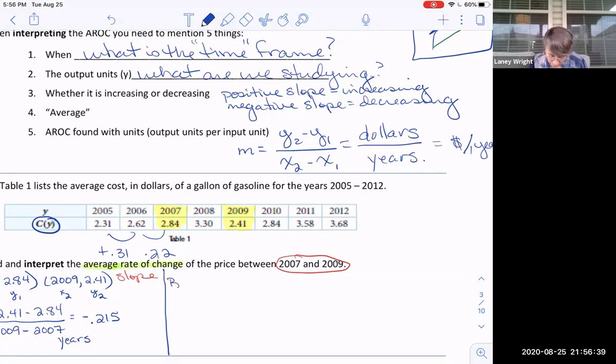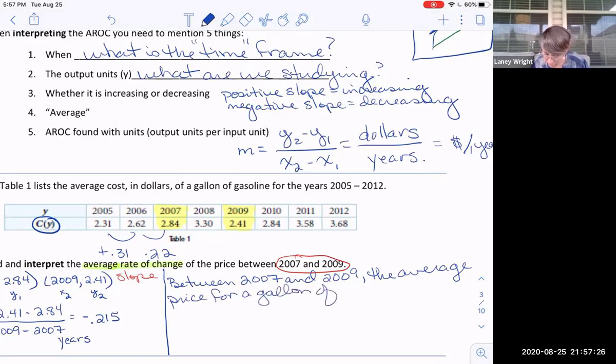So we want to say between 2007 and 2009, okay, the average price or cost for a gallon of gas or gasoline.